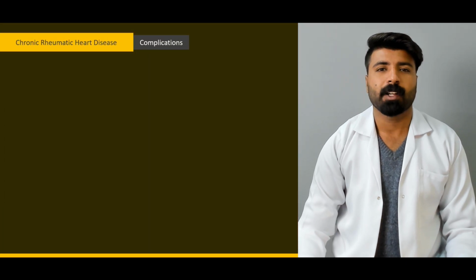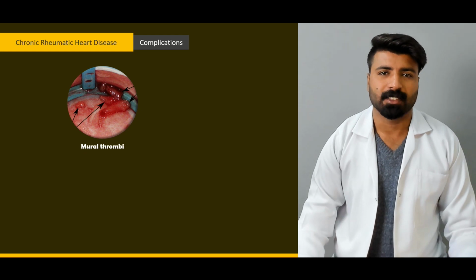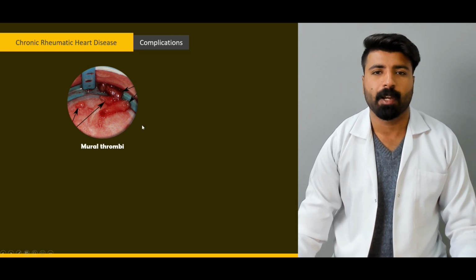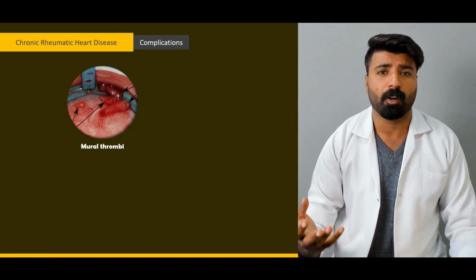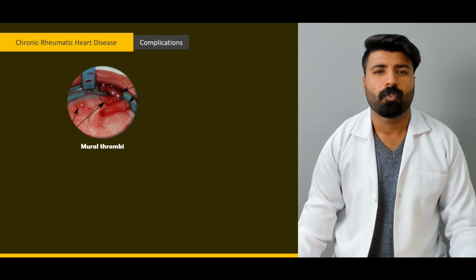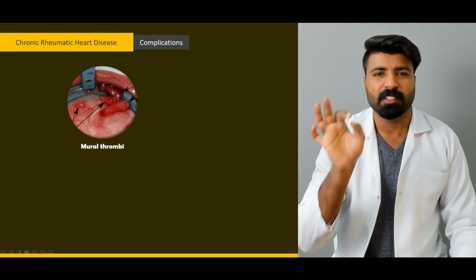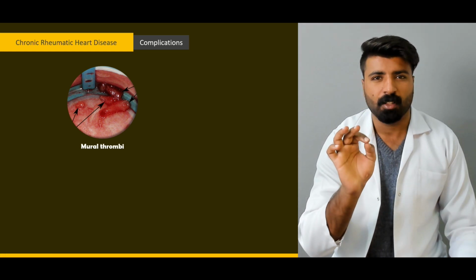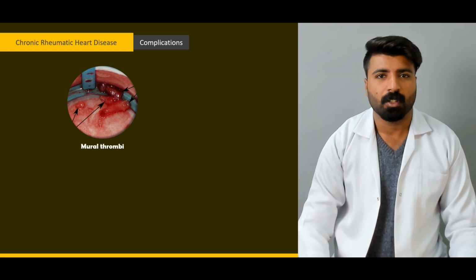Next on, we have chronic rheumatic heart disease complications. What complications come with chronic rheumatic heart disease? First of all, we have mural thrombi. What is mural thrombi? It's actually a thromboembolic phenomenon. It's actually a thrombus. So when a patient is suffering from chronic rheumatic heart disease, that patient develops a thrombus which is attached to the atrial wall, and it's hanging down.